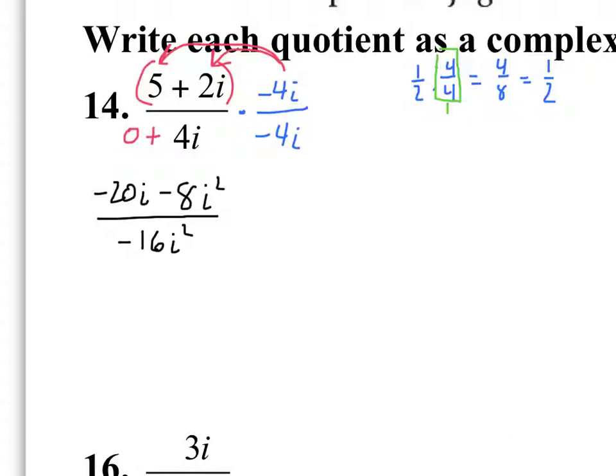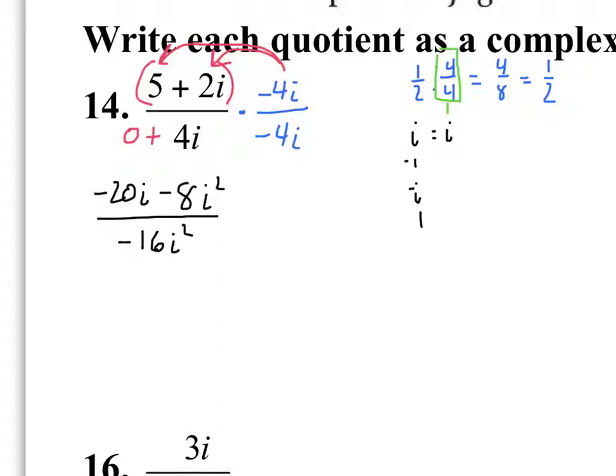Now we also need to simplify again because we have i to a power. We never want i to a power. We don't want i squared or i cubed or i to the 4th or i to the 5th. That's why we learned yesterday the rule of i's. What was the rule of i's? Not "i win," "i won." Negatives in the middle.